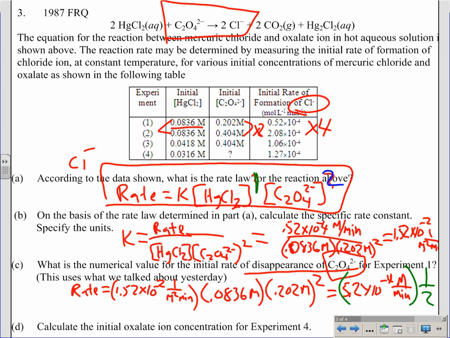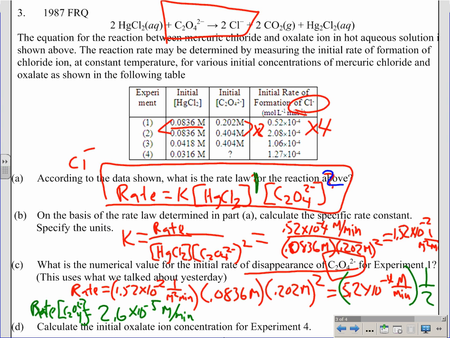So really, I take and divide this by 2 or multiply by 0.5, and my final answer would be the rate is 2.6 times 10 to the negative fifth molarity per minute. And that would be with respect to, so this is the rate of C2O4 2 minus. So it's a rate with respect to that substance.